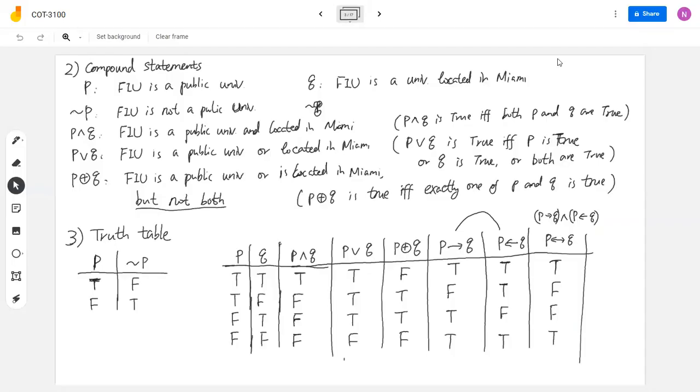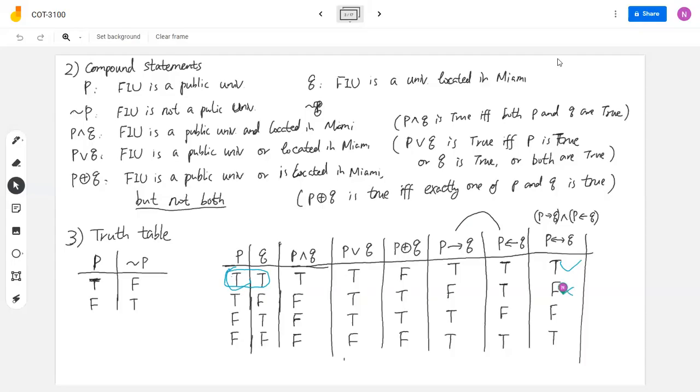Why? Because remember we say P implies Q and Q implies P means P and Q are equivalent. So we know that in the first row they're equal, so this is true. And in the second row, P is true, Q is false, so this is false.